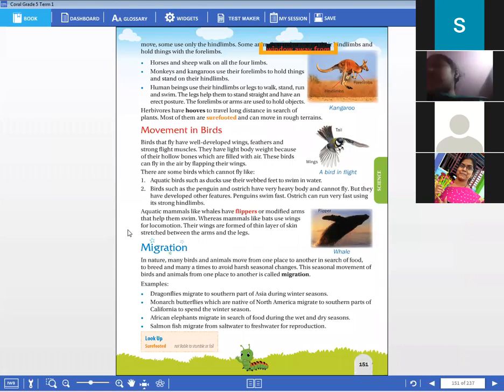But coming to humans, we call our hind limbs legs, and we stand on them, we swim, we run, we jump, we do everything with our legs. And the front limbs we call hands. With the help of hands, we can hold anything, catch anything. The legs help us to stand.